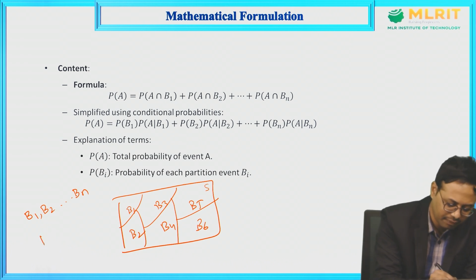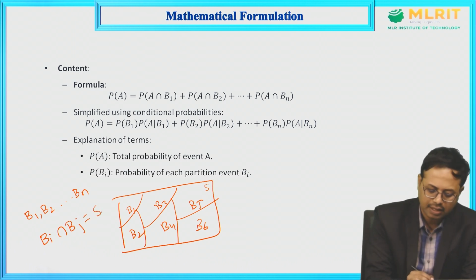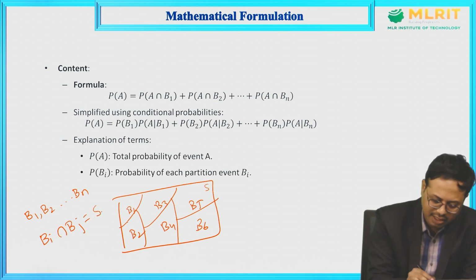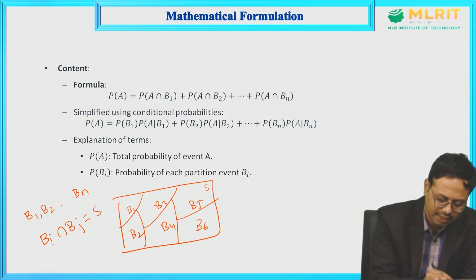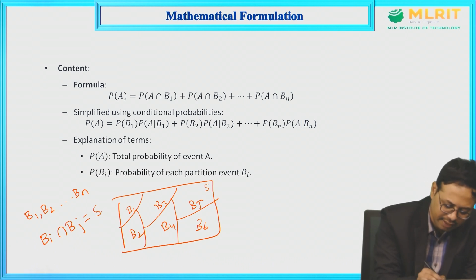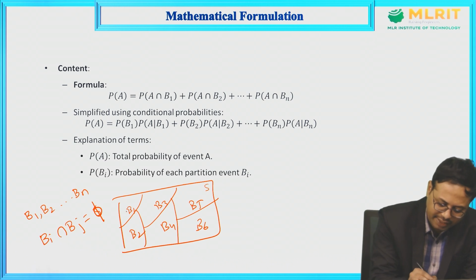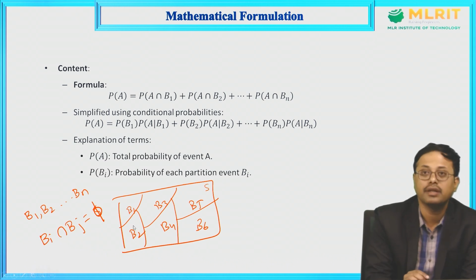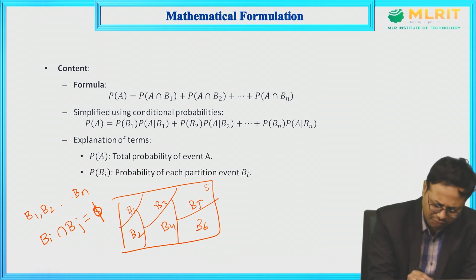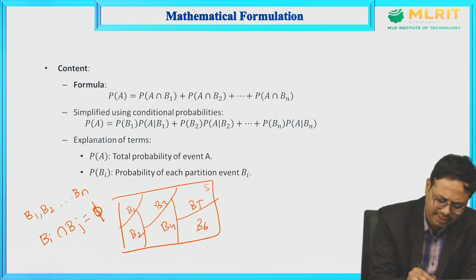In the general case, the union of Bi over all i is equal to the sample space. The collection of all these events is mutually exclusive because they are disjoint sets. B1 intersection B2 has no overlap between them. This is called the null set.